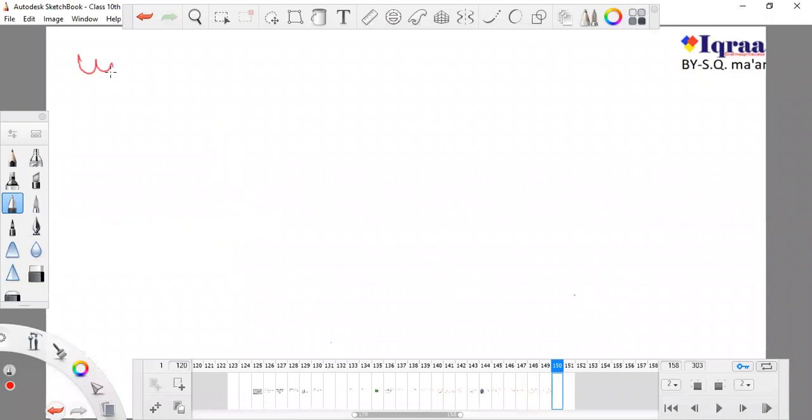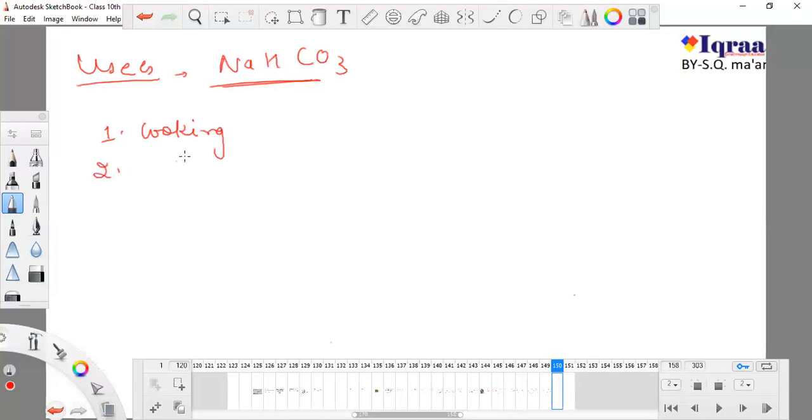So now we are going to learn about the uses of this very important thing, sodium hydrogen carbonate. First of all, cooking. Second, you can use it as an acidity controller. If you feel some acidity, you can use it for neutralization in the stomach.